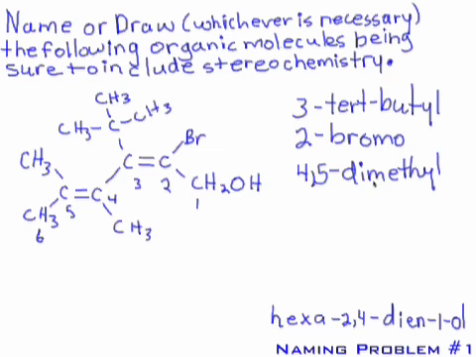If I'm alphabetizing, I have an M, a B, and the tert is hyphenated, so we don't count it, and a B. BU and BR. Well, R comes before U, so the bromo will come first, then the butyl, then the methyl.